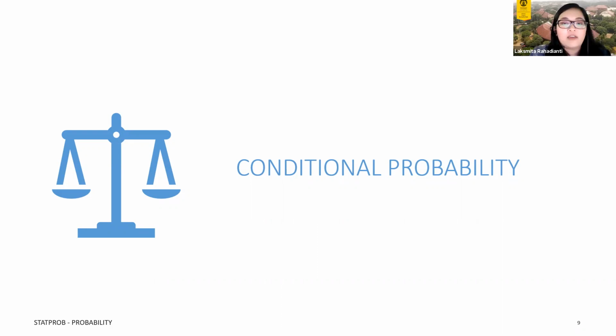For example, if I were to ask you, what's the probability of it raining today? You could probably give me a number based on your experience. However, if I told you some other piece of information, like yesterday it rained, or during the whole last week it rained, perhaps that additional information could change the probability you gave me.